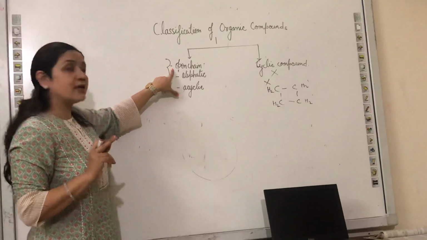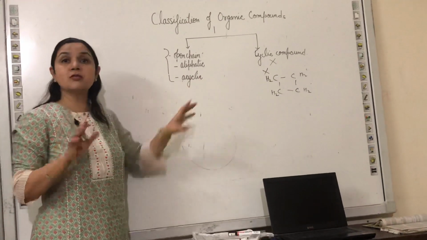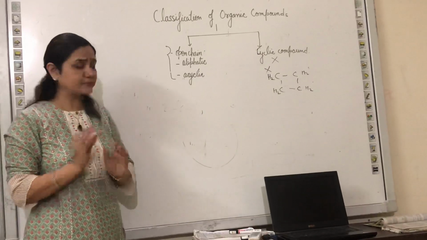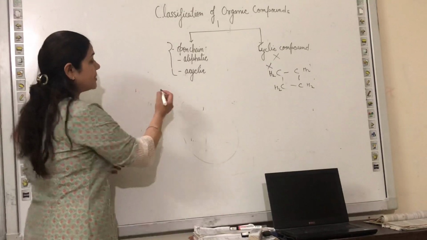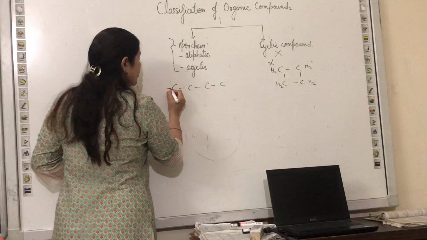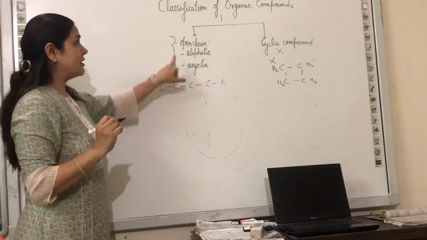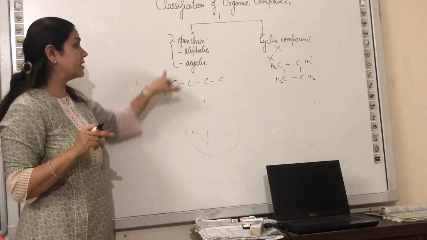So open chain compounds, aliphatic compounds and acyclic compounds are all the same. Acyclic means it is not in closed form, it will remain in open chain form. That's why the other name of acyclic compounds is open chain.